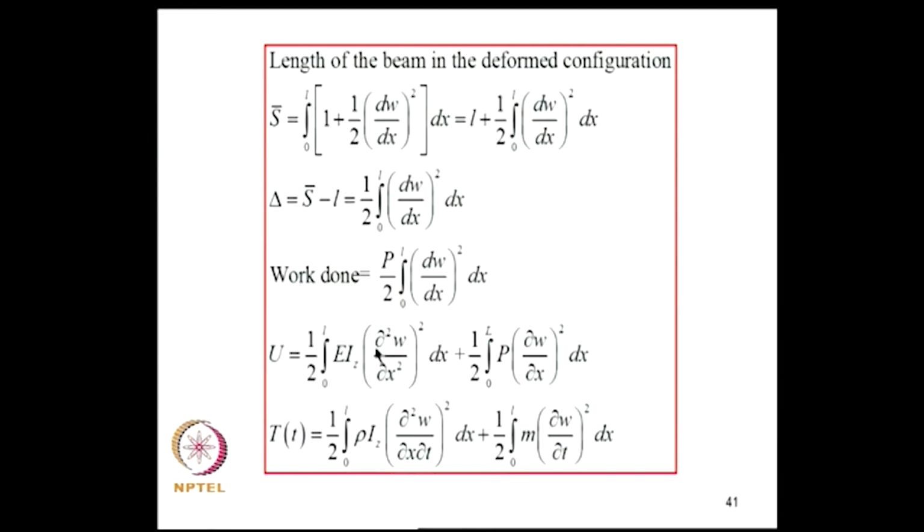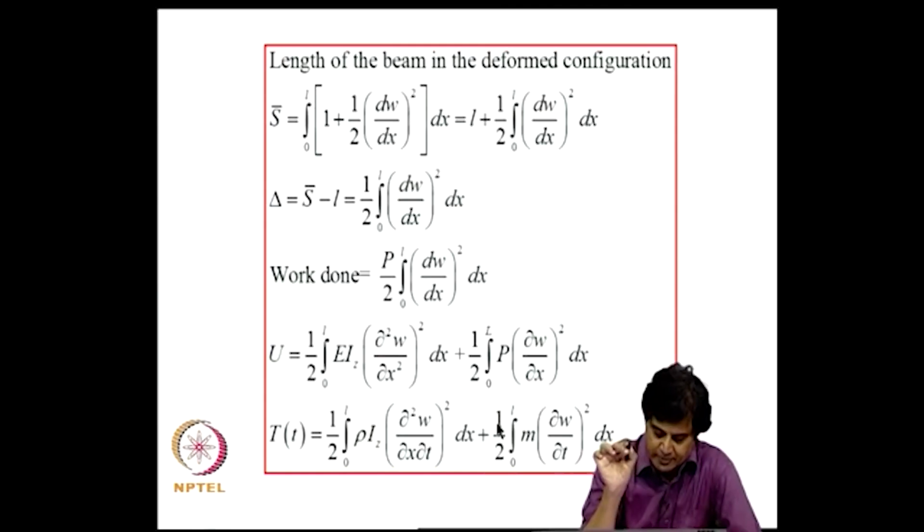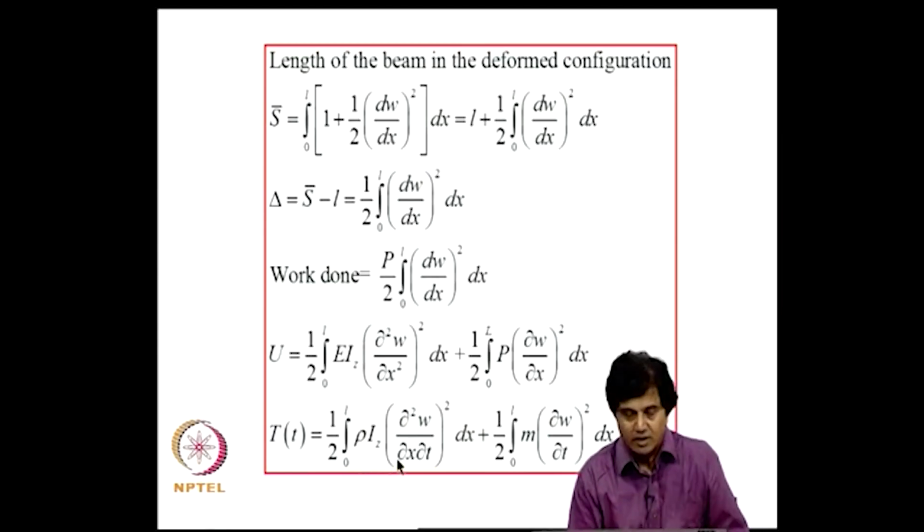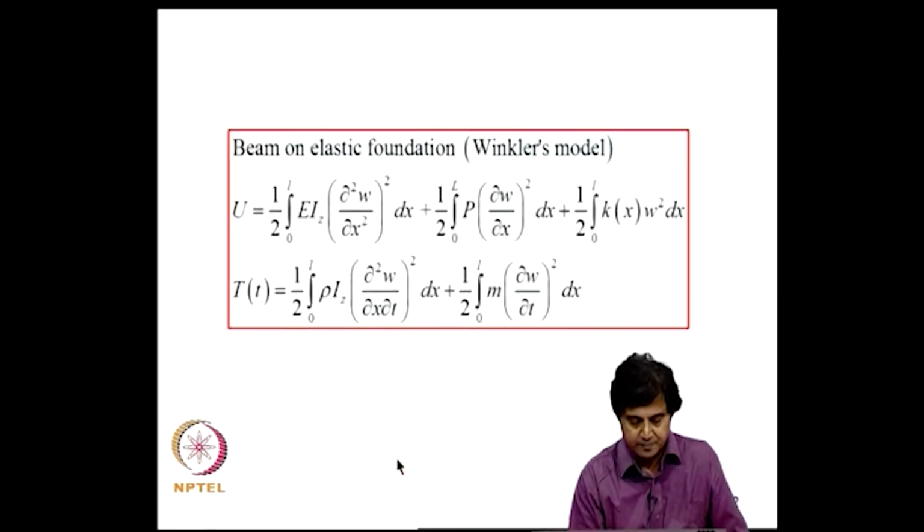Now, w is the only field variable, so you can continue to use the Hermite polynomials and derive your K and M matrices. I am not going to do that, but it can be done. That new matrix will have contributions in the stiffness matrix due to this axial load effect and contributions in the mass matrix due to the rotary inertia, which are new and not there in our earlier formulation.